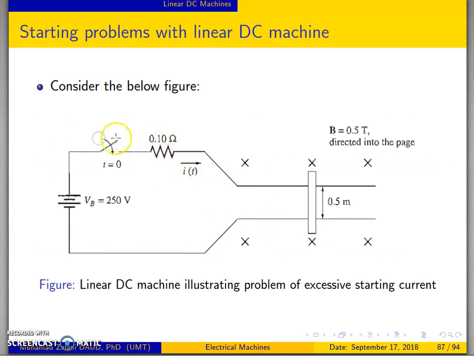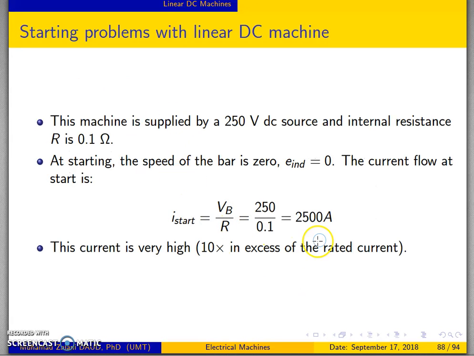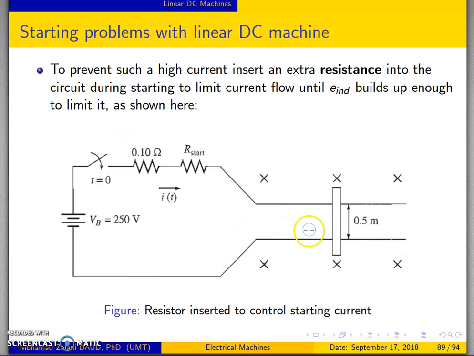Internal resistance is usually found in batteries, coils and so on. This small internal resistance causes a huge flow of current, which in this case is 10 times in excess of the rated current. The rated current is 250 amperes, but it increases up to 2500, which is a large amount of current.